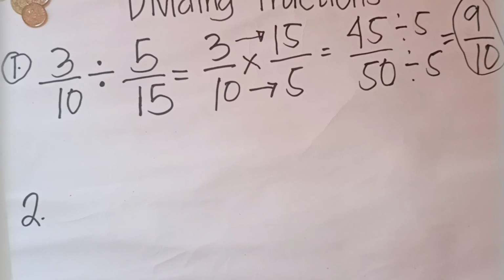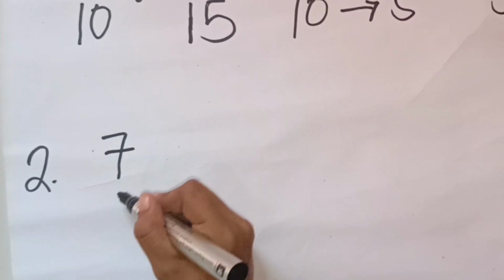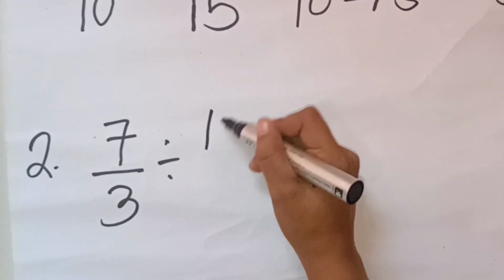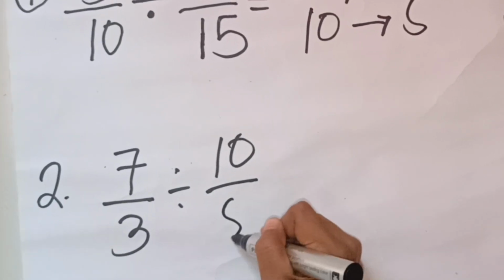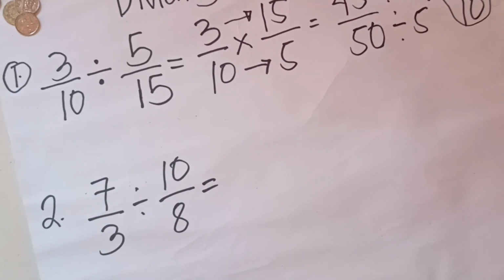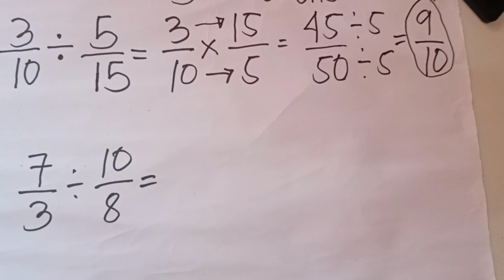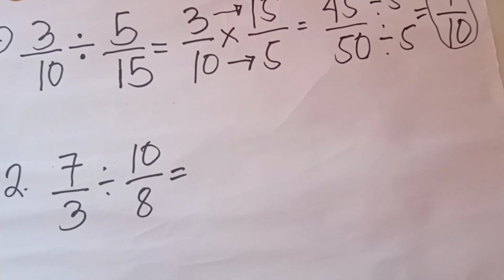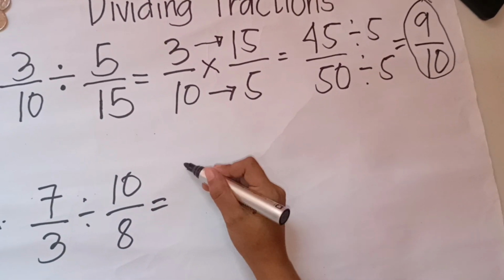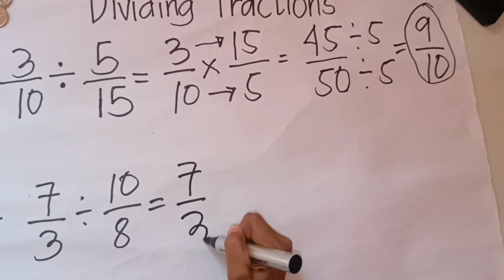So we have 7 over 3 divided by 10 over 8. Just like the first example, the first thing we need to do is copy the first given fraction, which is 7 over 3.